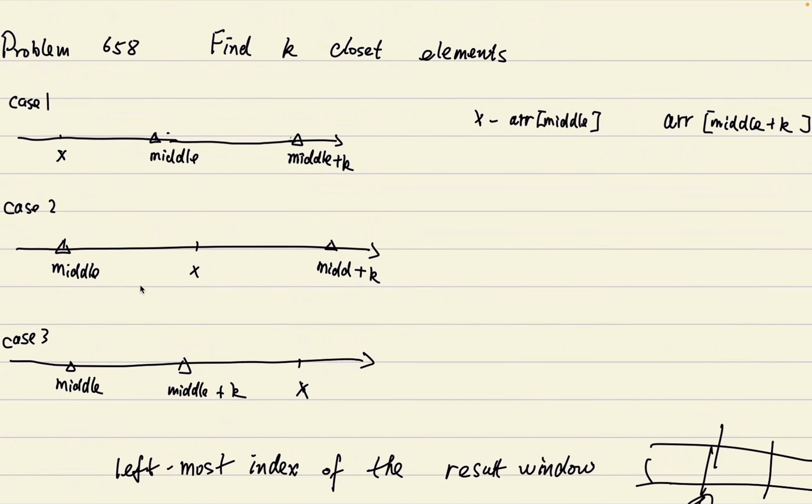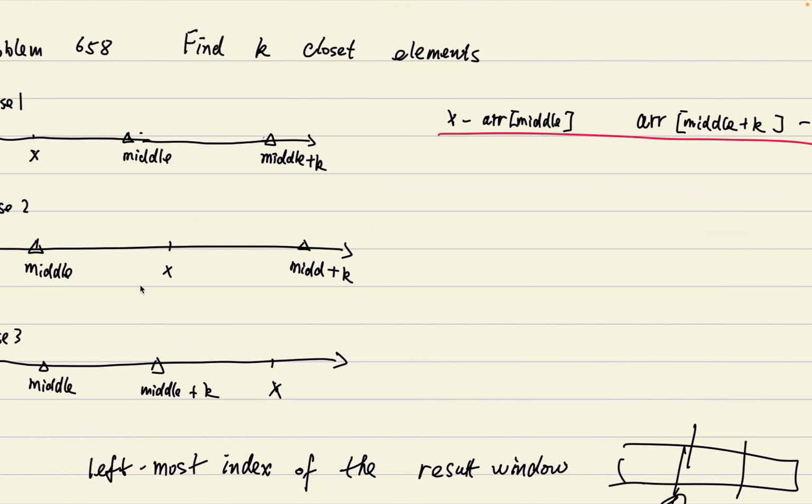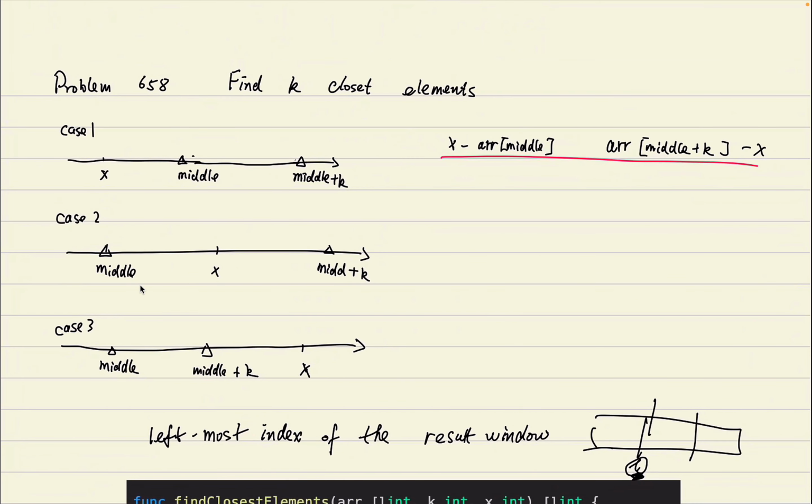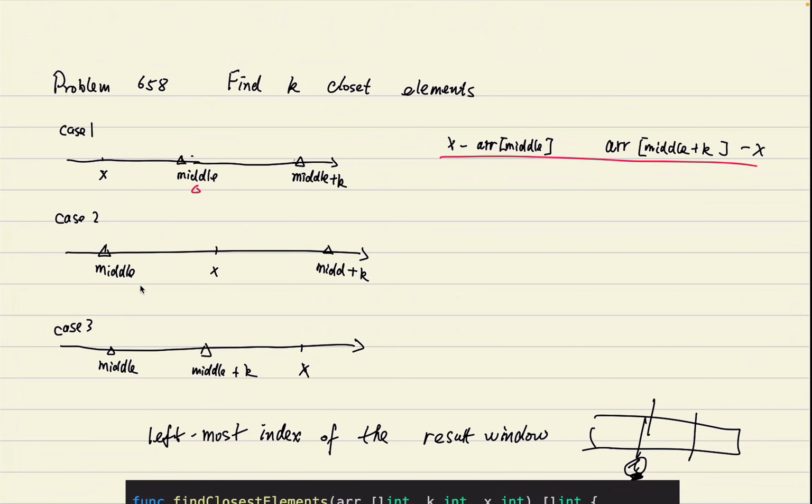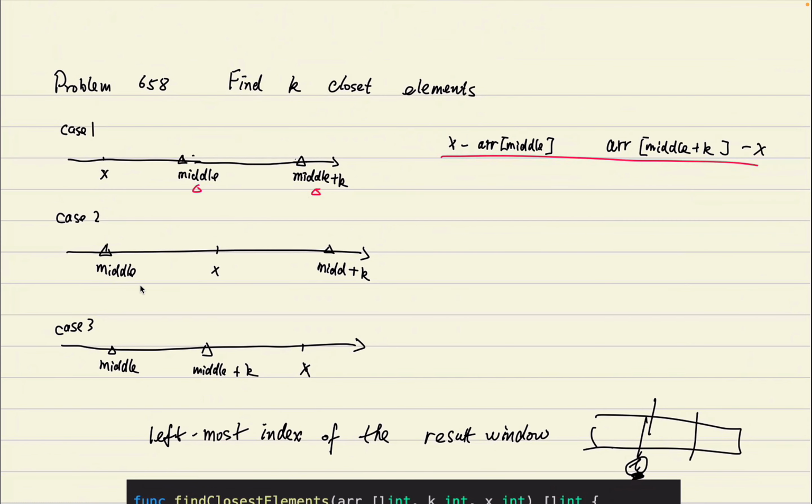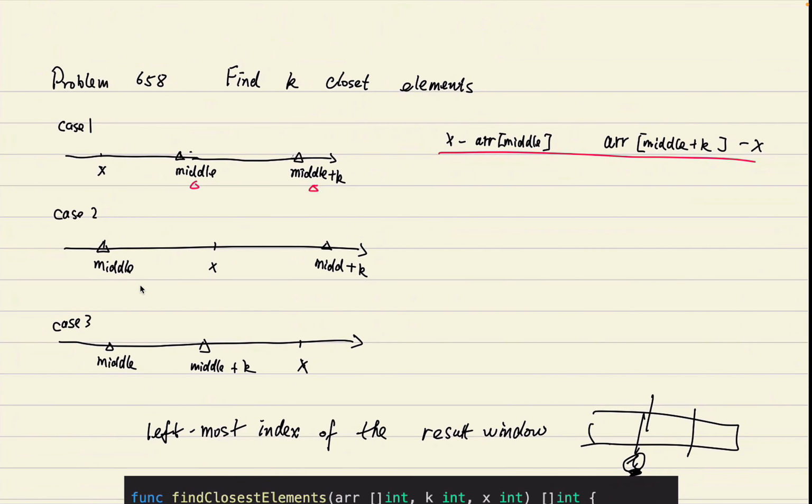So I have laid out the conditions here, and I have three cases. The middle is the pivot of the binary search. In case one, what we want to do is update R, the end index, equals to the middle.